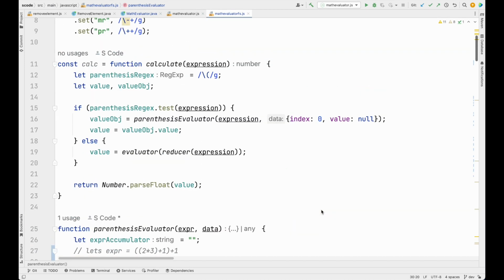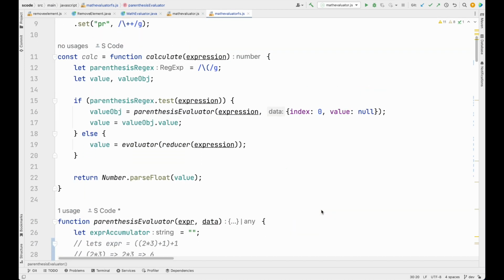So moving up to our final function here, the calculate function, which is required by Code Wars. It is the function that is going to be called by Code Wars to make sure that our code works. The important thing to understand is that, like we mentioned earlier, we're just going to run a very simple test to see if an expression contains parentheses by seeing if it has an open parenthesis.